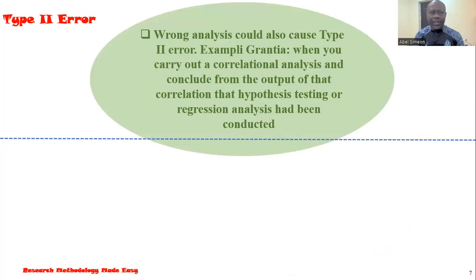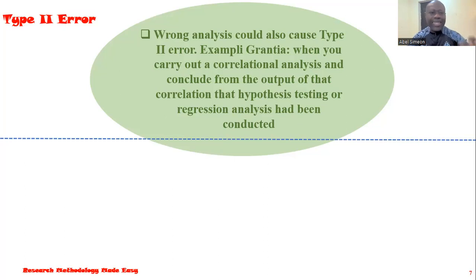If you, for instance, carry out a correlation analysis and you conclude from that output that you had carried out hypothesis testing or a regression analysis, then you are wrong. Because regression analysis is not the same thing as correlational testing.